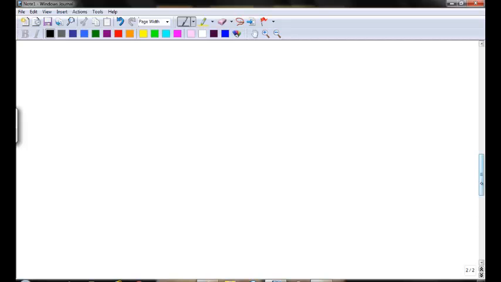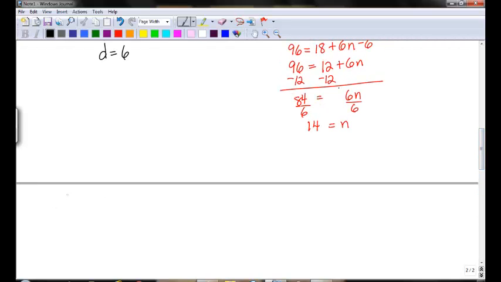Okay, the next part, the author defines arithmetic means. That's probably a new term.